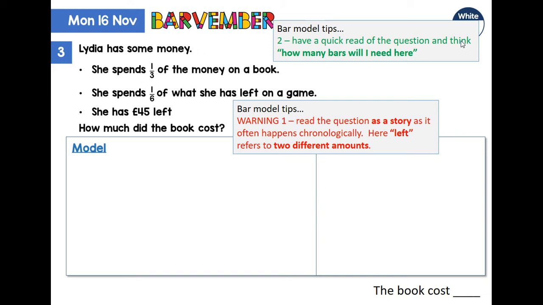Now, Linda has some money, and then she does various things with it. So this would normally be that we have one bar, and I'll do it with one bar to start with, but then you'll see that actually the question is really a bit more complicated than that, and we're probably better off using two bars. But let's see it with one first, okay?